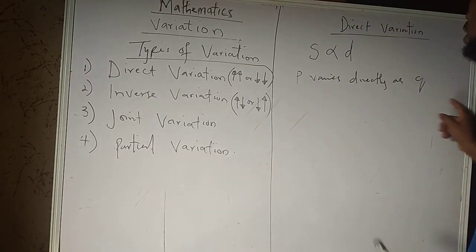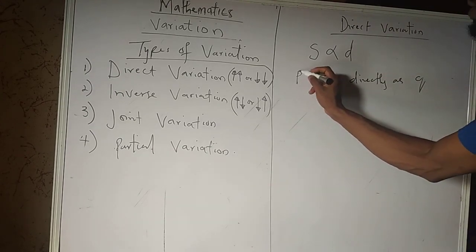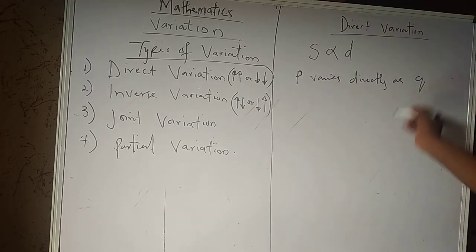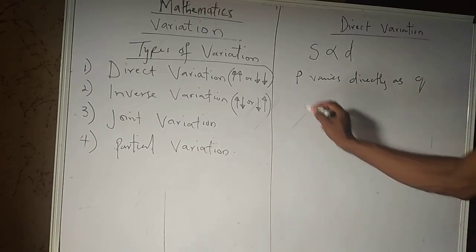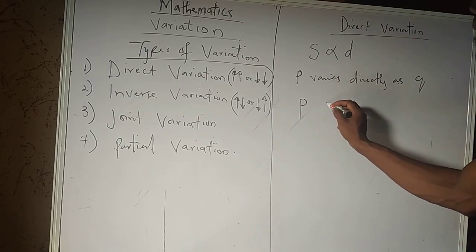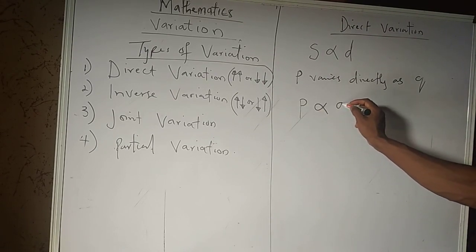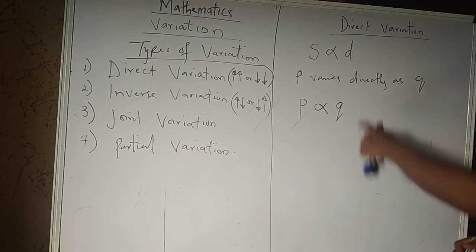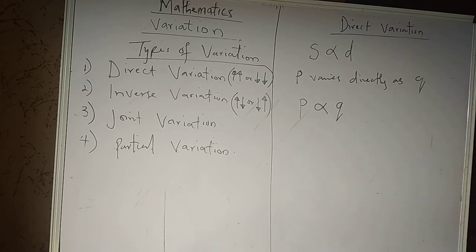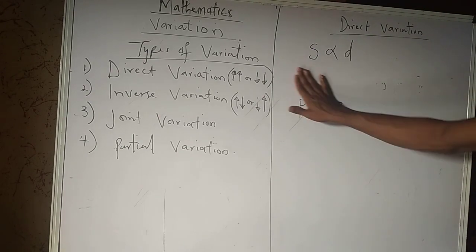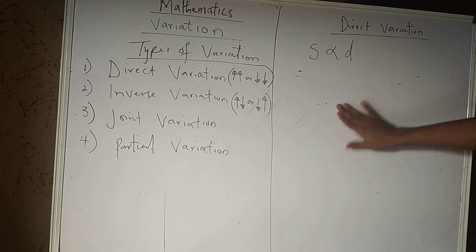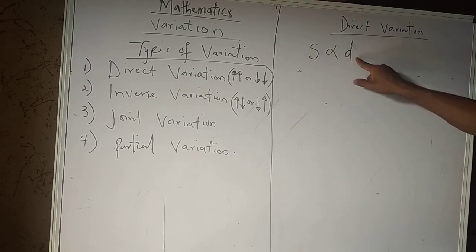So if you have this type of statement, you can write this as P varies directly as Q. You see the relationship? Yeah, that's the relationship. So that's the same thing we have up here. So I'll take this off because we actually want to work with this. This is speed varying directly as distance.